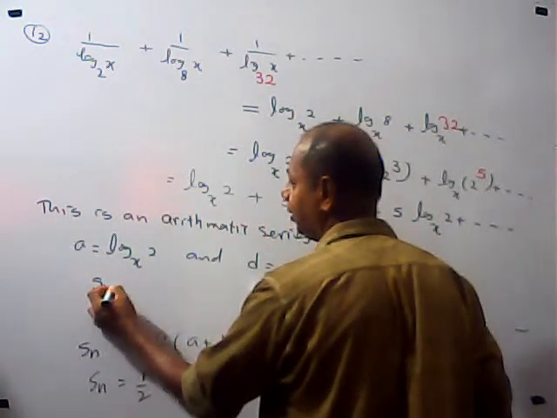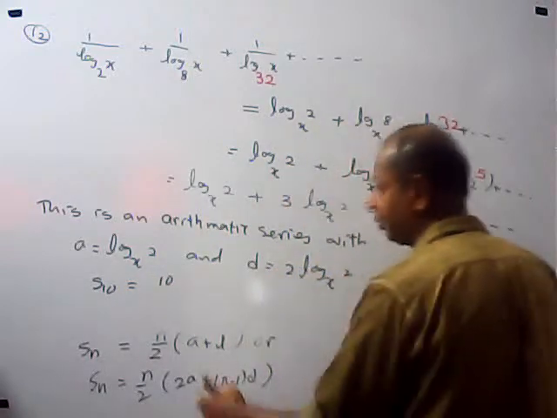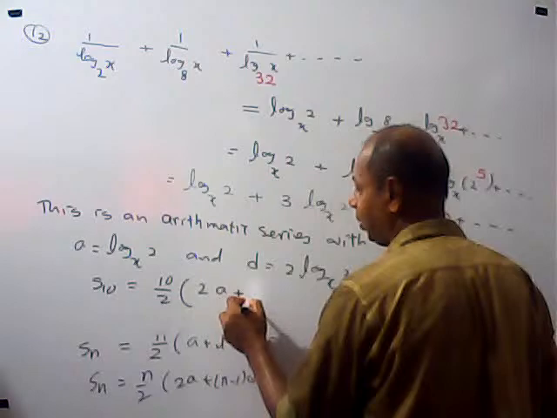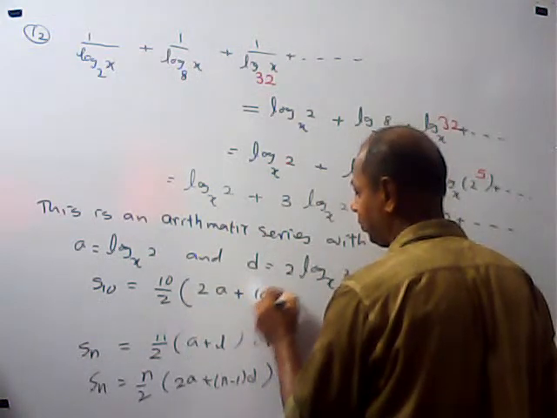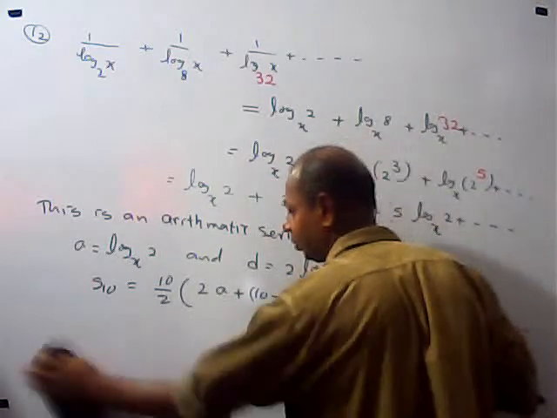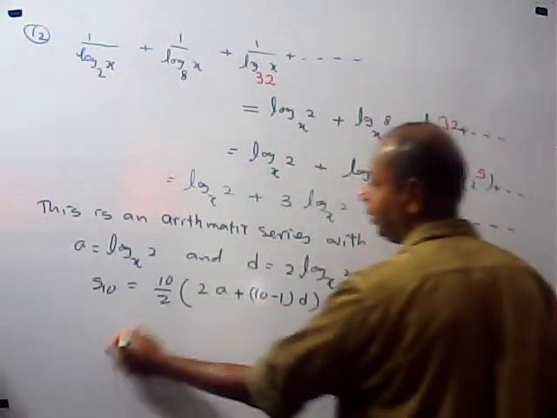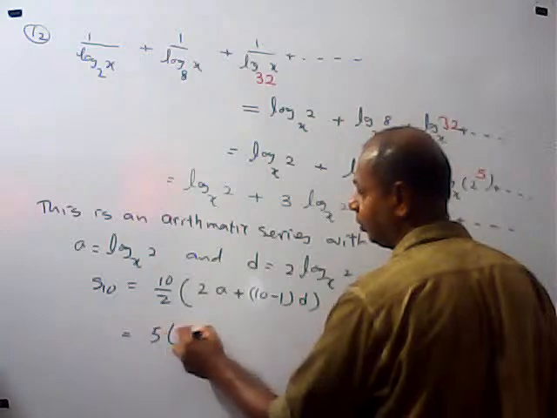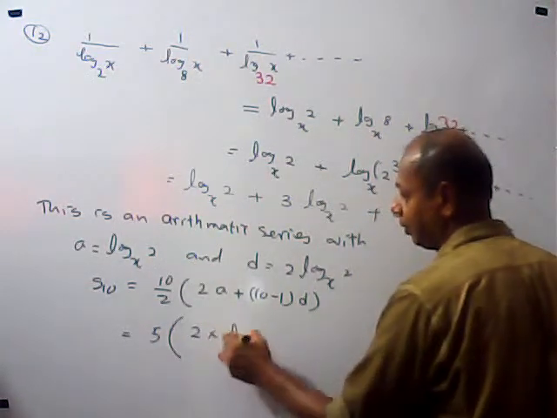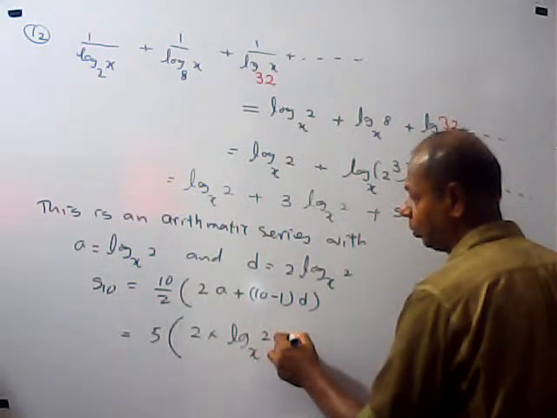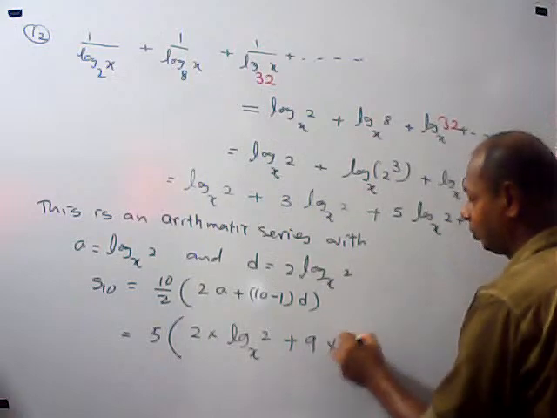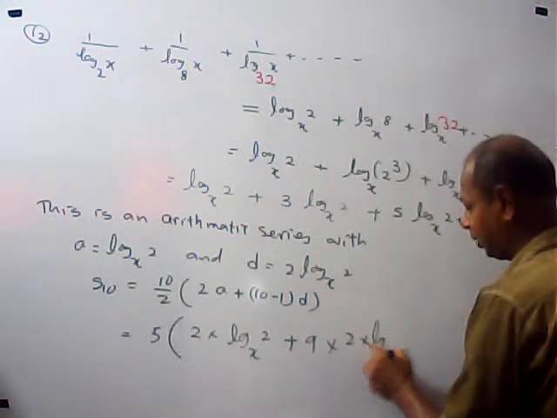So S10 is equal to 10 over 2, 2 times A plus 10 minus 1 D. So let's substitute A and D. A is this log x2 plus 9 times D. D is this 2 log x base x2.